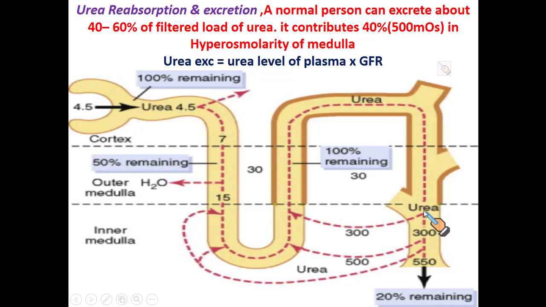But by the time it is moving in this direction, it makes the inner medulla more and more hyperosmolar. So this outward movement of urea from this side and its travelling through the inner medulla into this side contributes to the formation of the hyperosmolarity of the medulla.